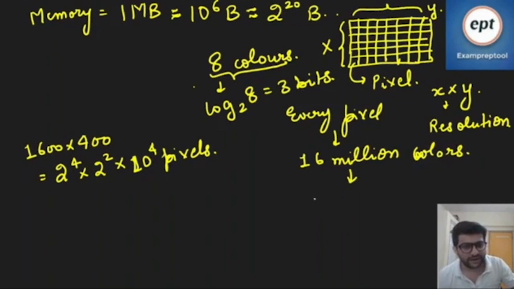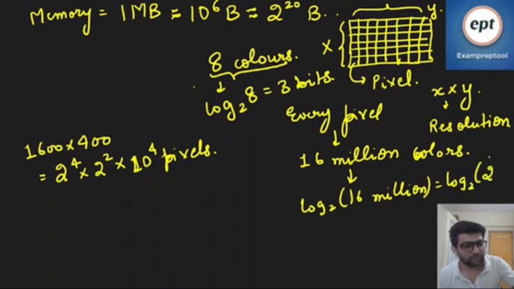As we have seen, how many bits are required to represent these 16 million colors? It will be log base 2 of 16 million, which is log base 2 of 2 to the power of 4 into 2 to the power of 20. So it will be 24 bits, which is 3 bytes.